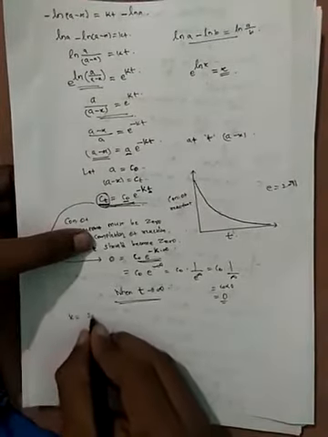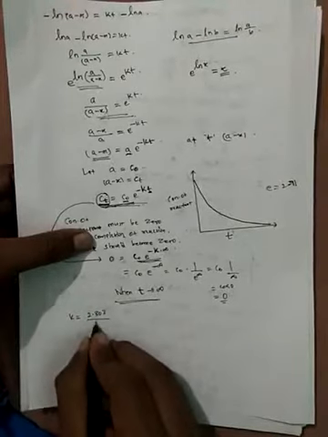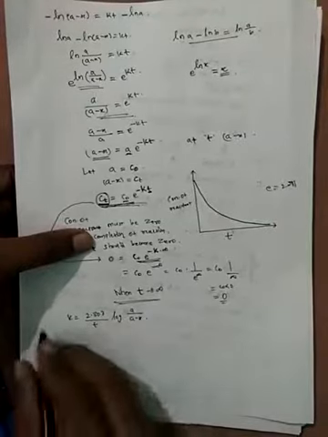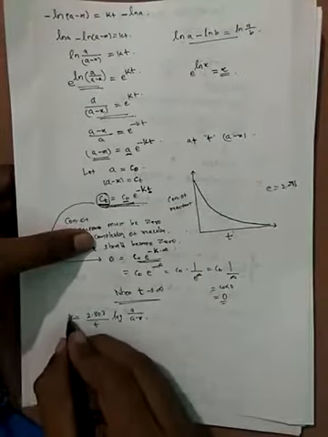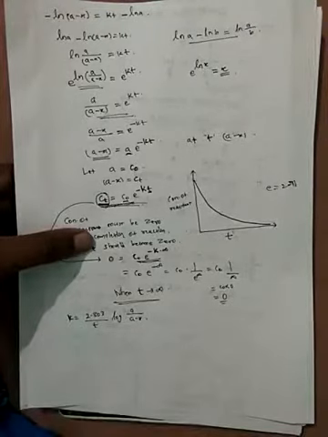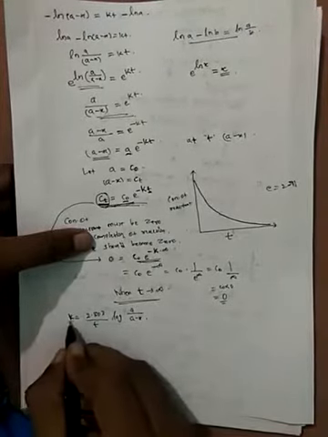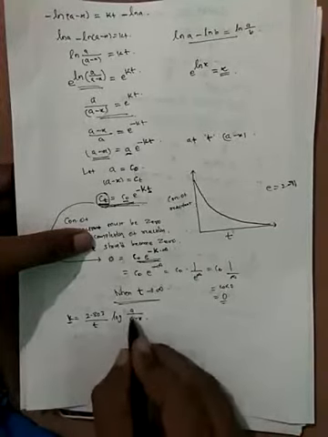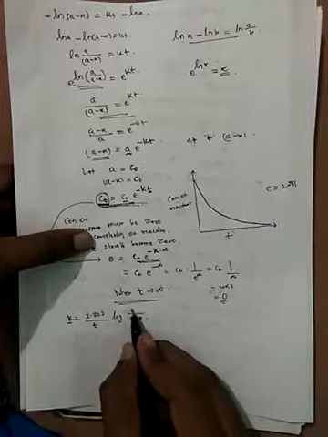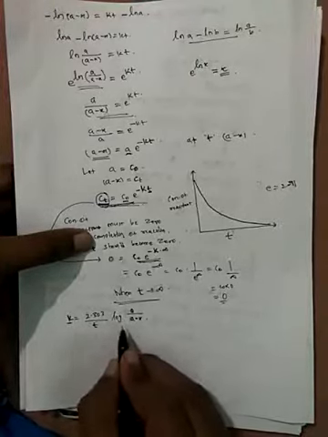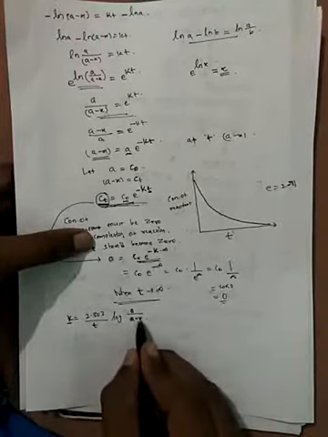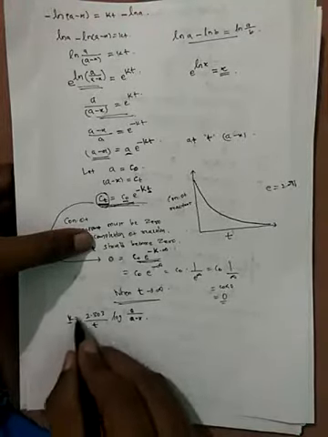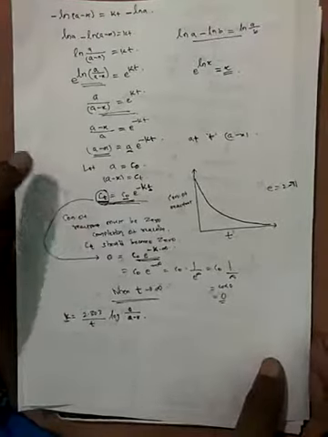K equal to 2.303 by t logarithm a by a minus x. If you want to find out the value of k, at a particular time, maybe 10 minutes or 20 minutes, you need these two data. The initial concentration is known, and also at that time the concentration of unreacted molecule should be known. If you know these data, you will find out k, the rate constant of the first order reaction.